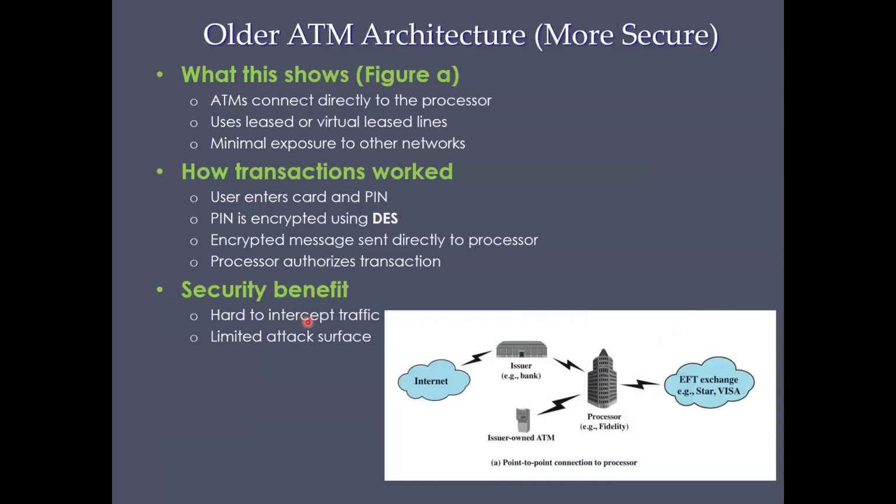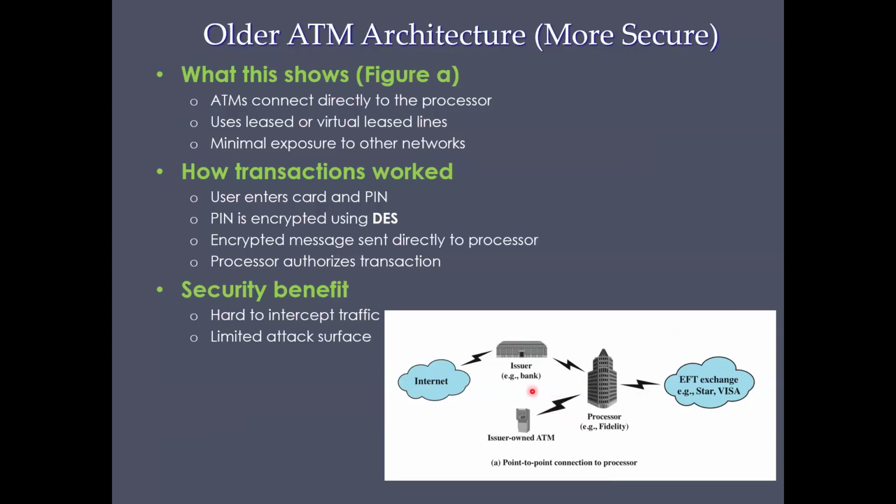So what happens here, and this is how it was originally secured, is a point-to-point connection. Anyone in networking know what leased lines or T3 lines are? Usually what T3 lines are is that ATMs directly connect to the processor.